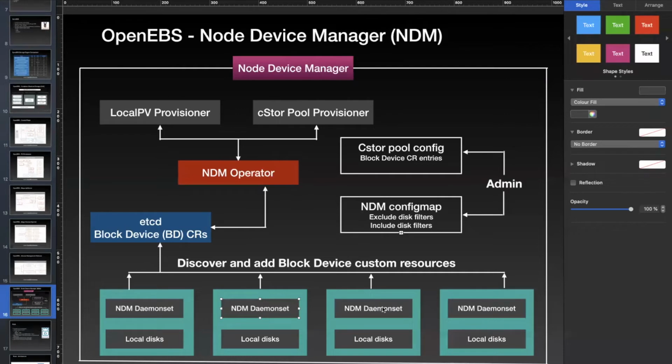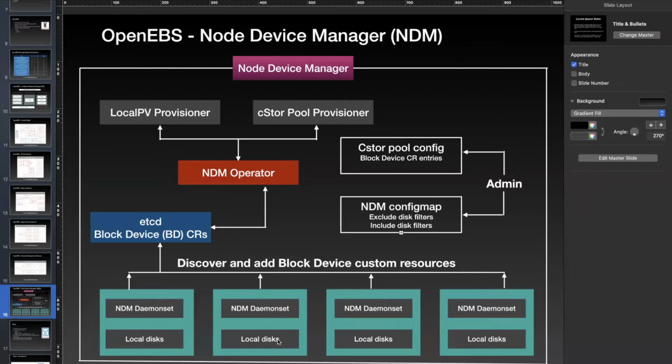If we have 4 nodes here, all of the nodes will run the NDM daemon set, and they can have local disks or externally attached disks as well. The NDM operator will continuously look after the pool of disks that are present, and if any new disk is added, it will automatically update itself and make it available in the storage pool.